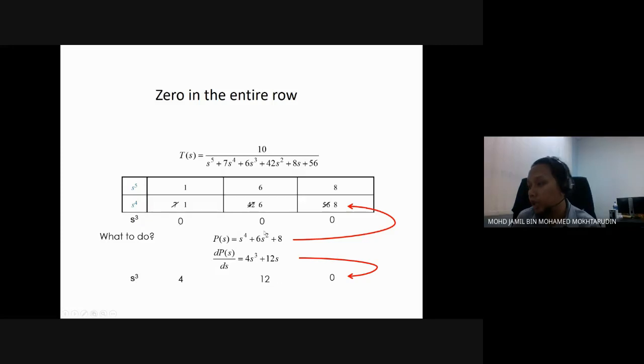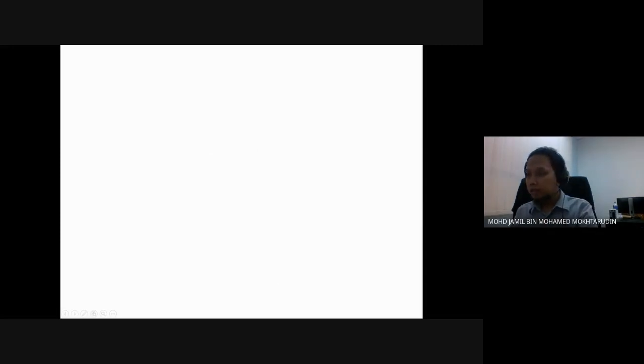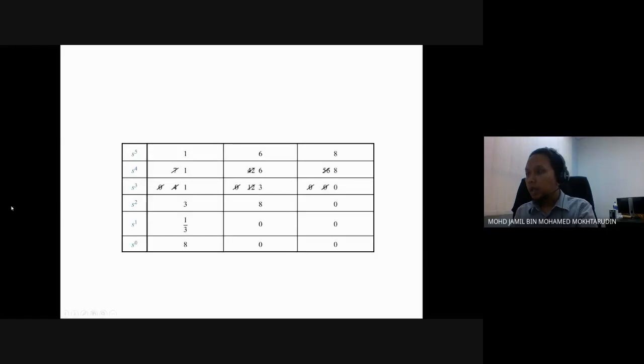So the row will change from zeros to new values. Okay. And then after that, you continue to calculate for row s squared, s to the power of 1, and s to the power of 0 as usual. Okay.